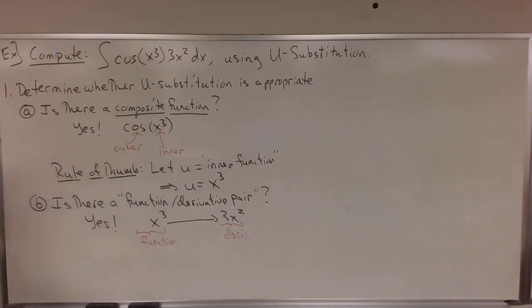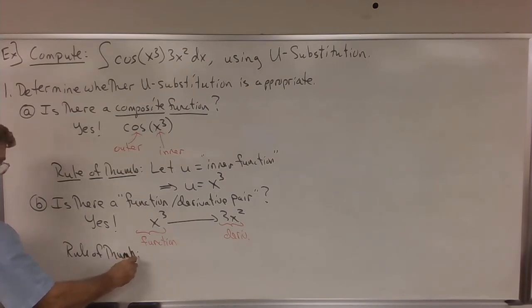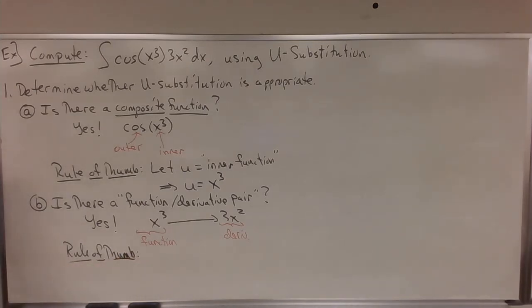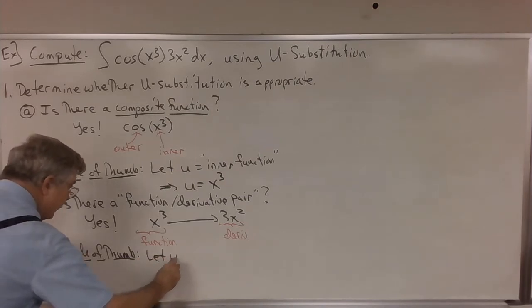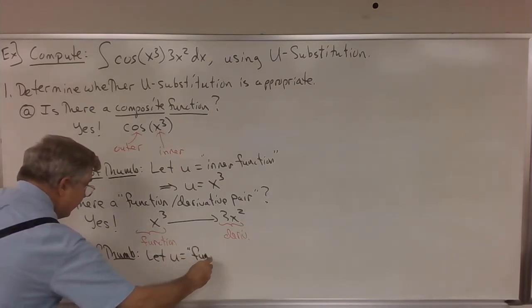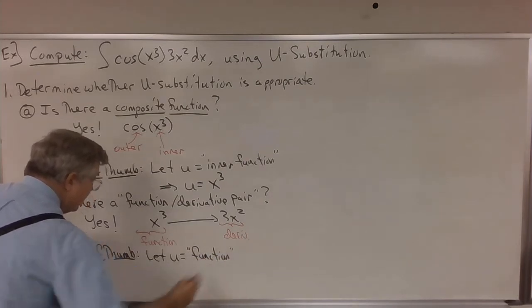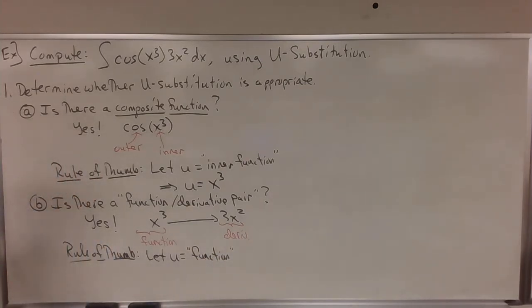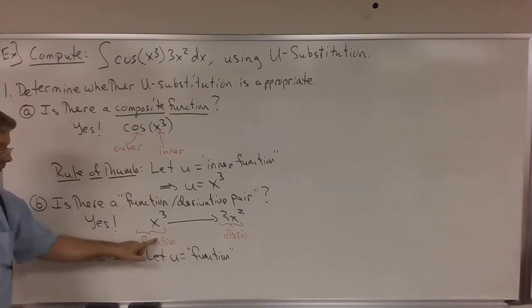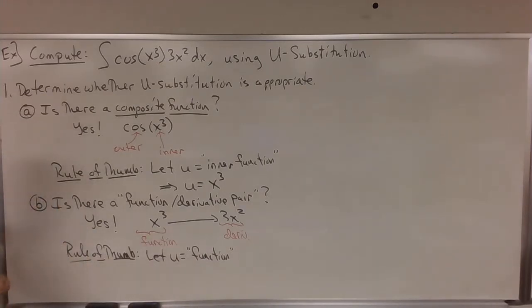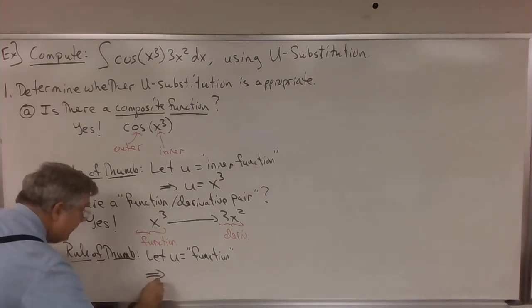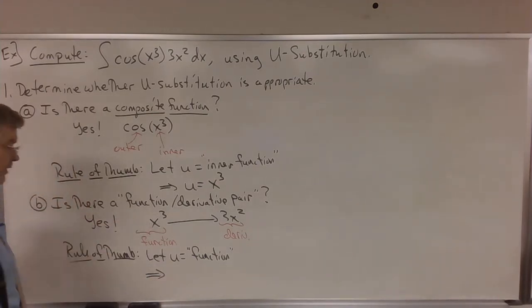And the rule of thumb for criterion B is to let u be the function of the function derivative pair. So for part B, u is going to be the function of the function derivative pair. And that is x cubed.